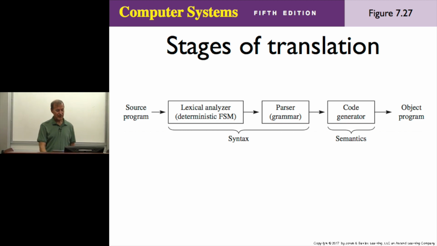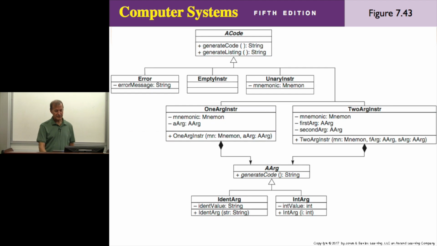Okay, so now let's go back to figure 7.43. This A code, abstract code at the top, one of these is going to be the output of each line of the parser. Does everybody see what we're saying? And in this particular language, how many different concrete code types are there?